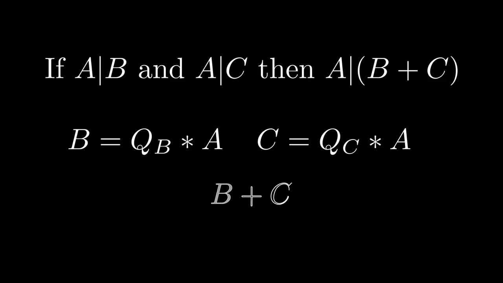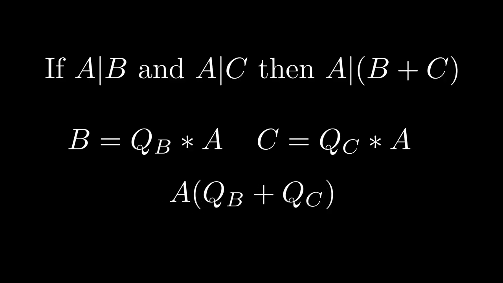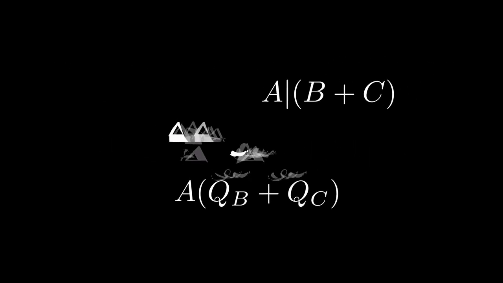Now, using our new definitions of b and c, we can rewrite b plus c as qb times a plus qc times a. We can then distribute out the a, and we have a times (qb plus qc), which is guaranteed to be divisible by a.